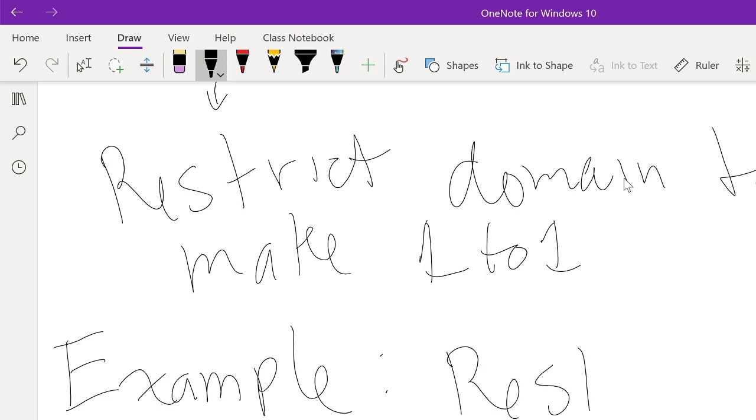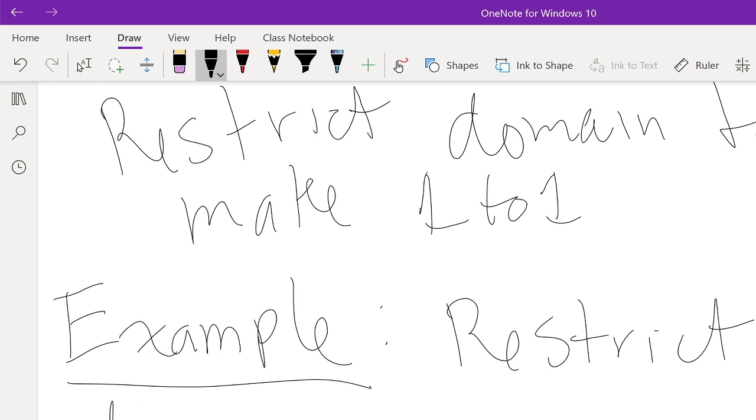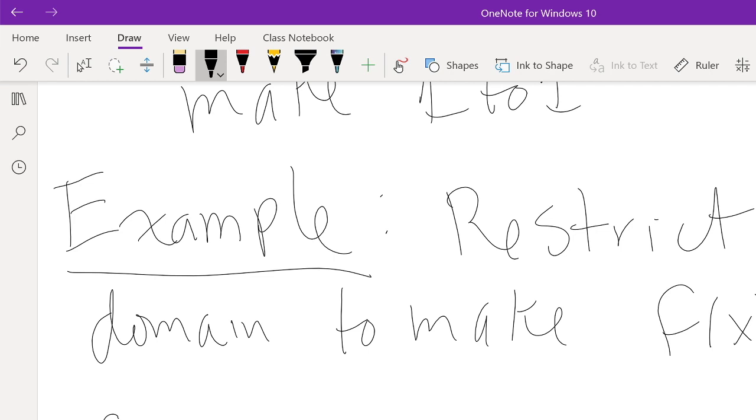So restrict the domain to make f of x equal to 2x squared minus x to the fourth a one-to-one function.